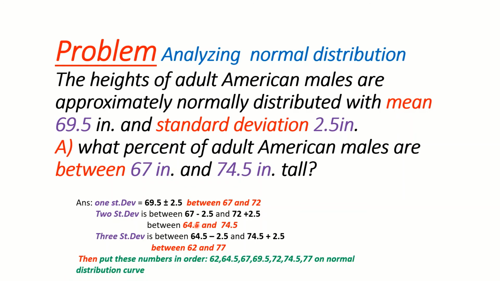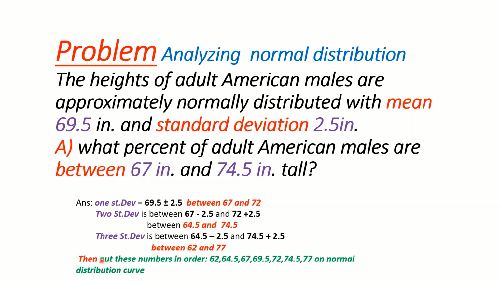We deduct 2.5, and add 2.5 to 72 within two standard deviations, and we get 64.5 from this and 74.5 from this one. In three standard deviations, again subtract 2.5 from this one, and add 2.5 here. So it will be 62 here, and this is 77.